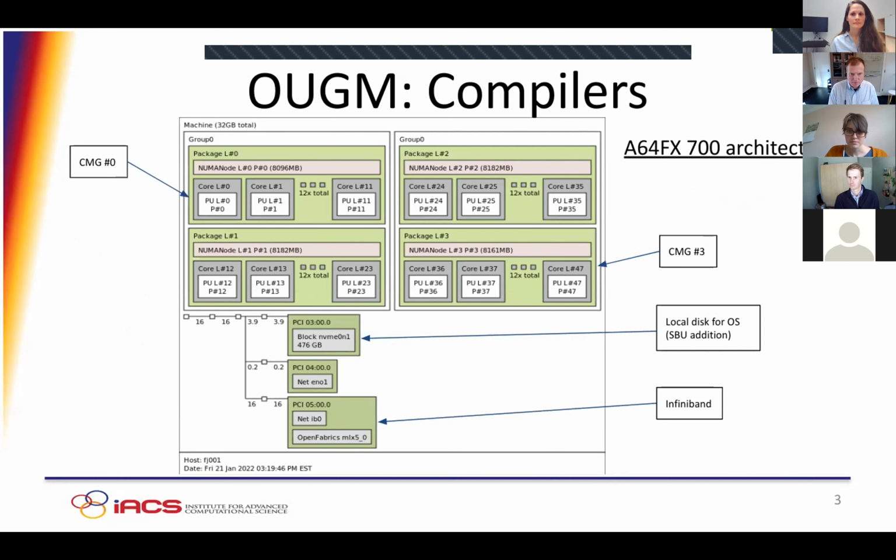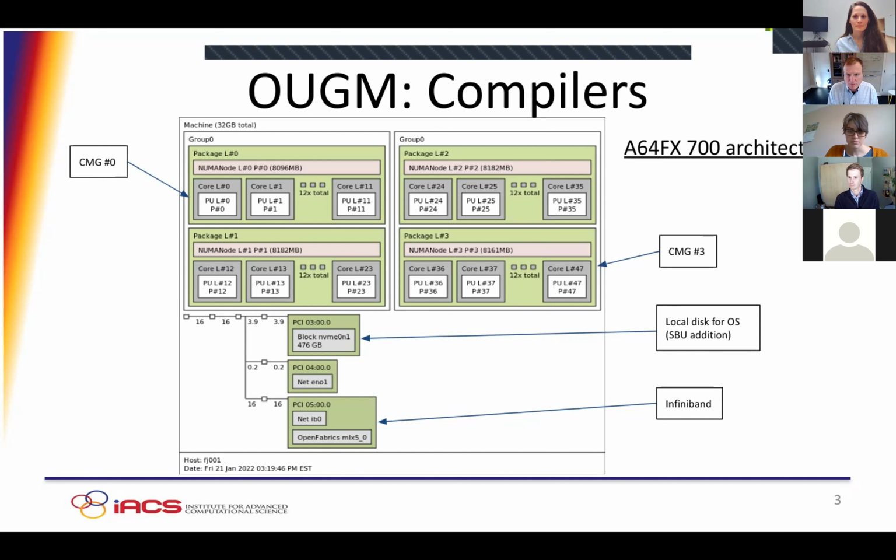Okay, so I thought I'd throw in a quick picture of the topology of the chip. So Ava also noted the distinction between the 1000 and the 700 chips between Fugaku and Ookami.